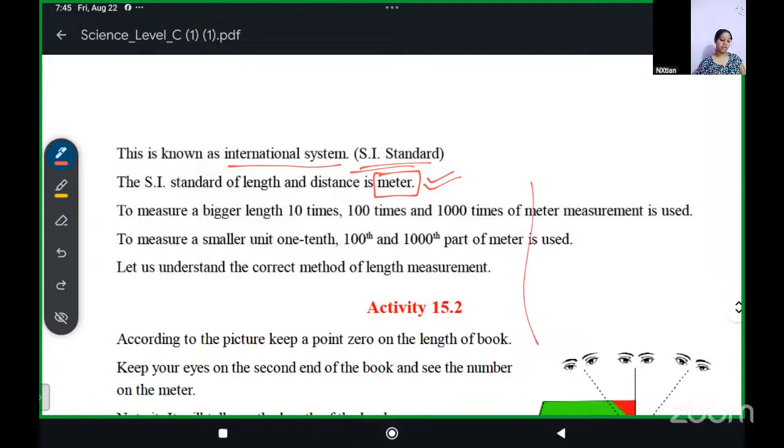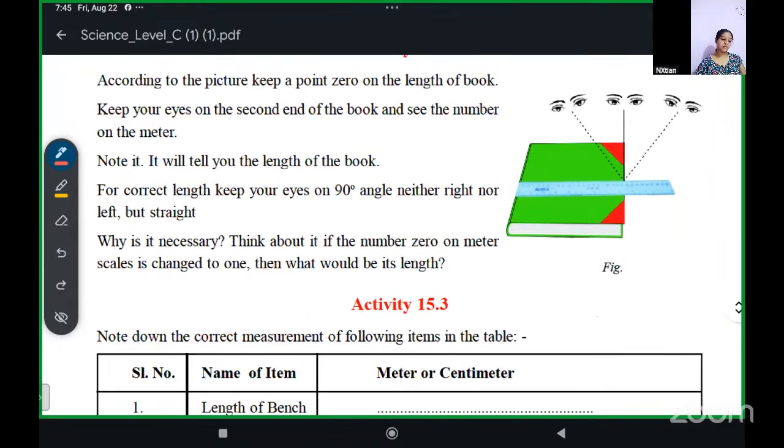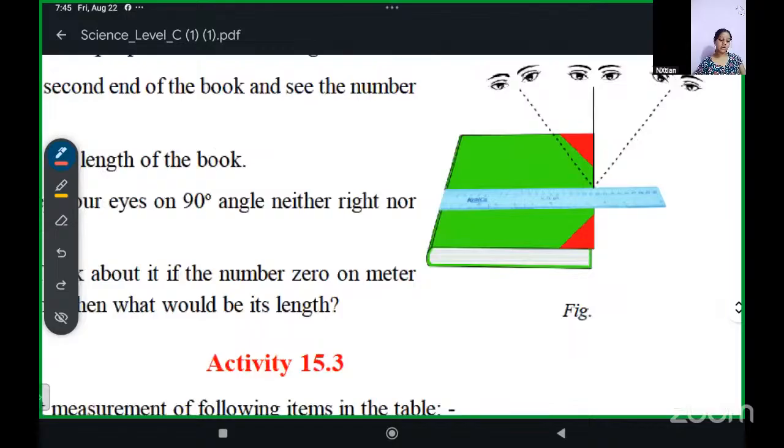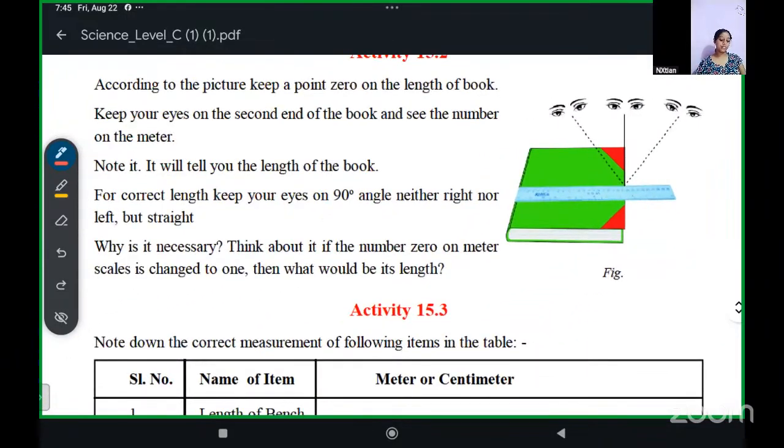Okay, now, according to the picture, keep the point 0 on the length of the book. Keep your eyes on the second line of the book and see the number. Note it. It will tell you the length of the book. Okay. So this is a measurement using a ruler.